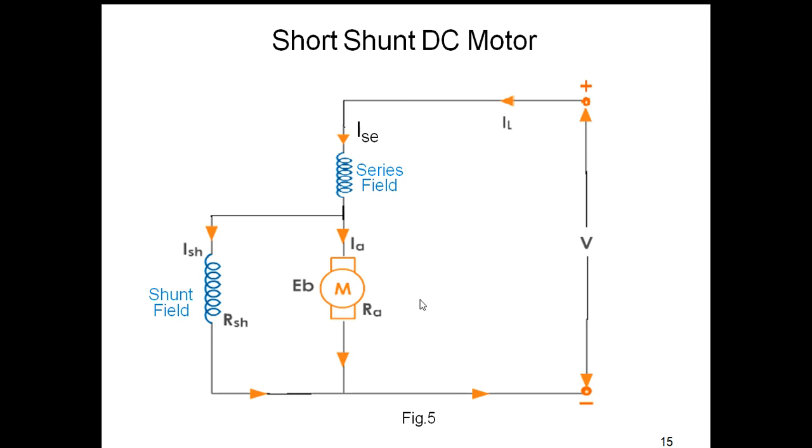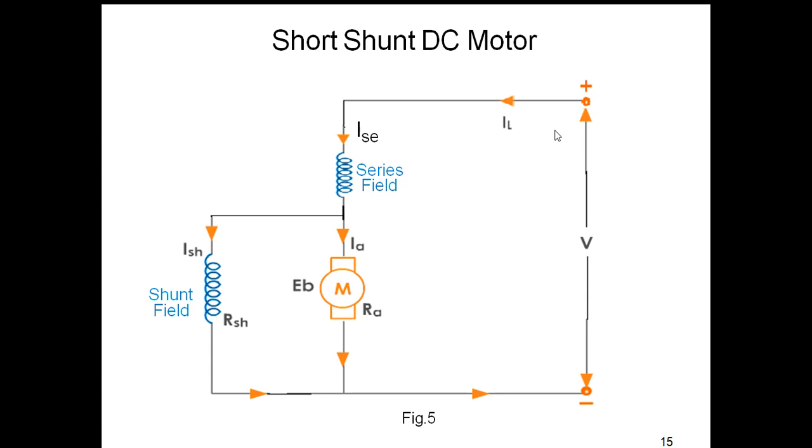This is the circuit diagram of the short shunt DC motor. As I have already said, the shunt field winding will be in parallel to the armature, and this set will be in series with the series field winding.